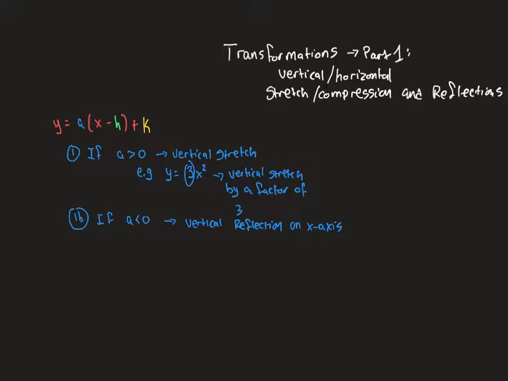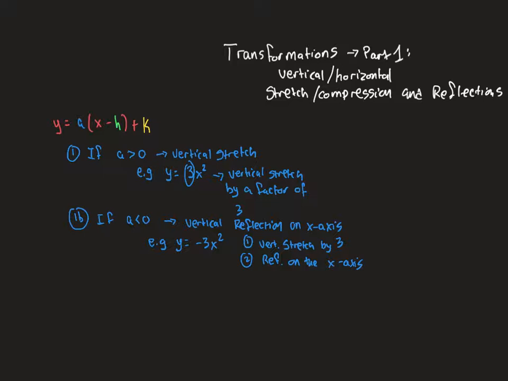So for example, let's say I gave you y is equal to negative 3x squared. Well, in this case, you have two transformations. You have a vertical stretch by 3, and you have a reflection on the x-axis.